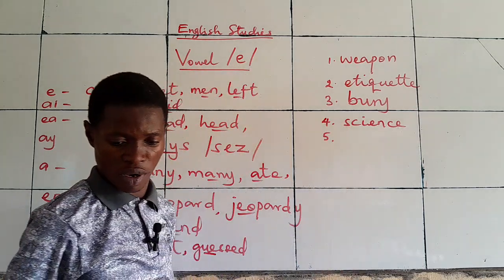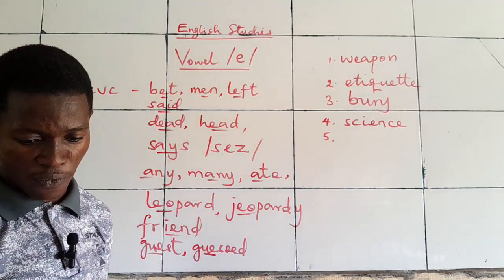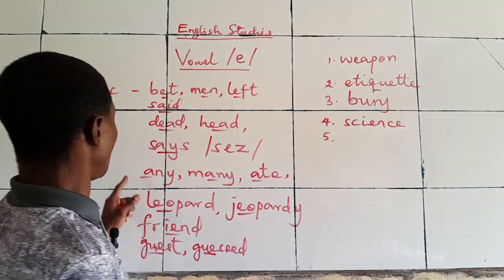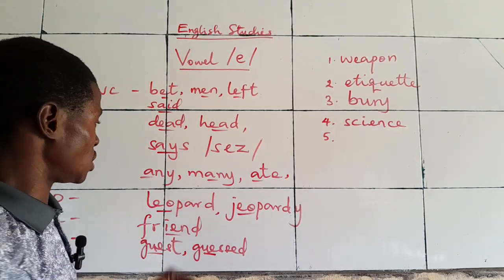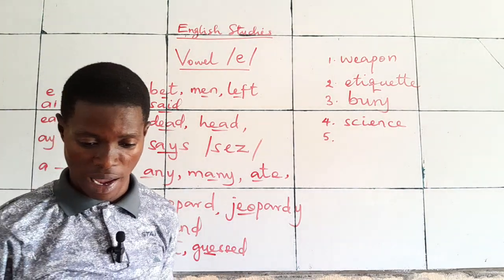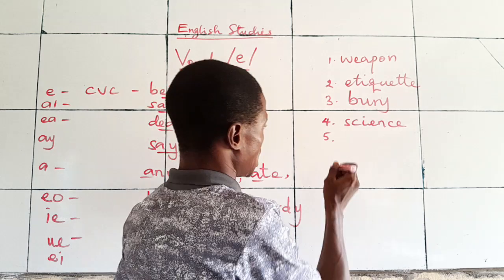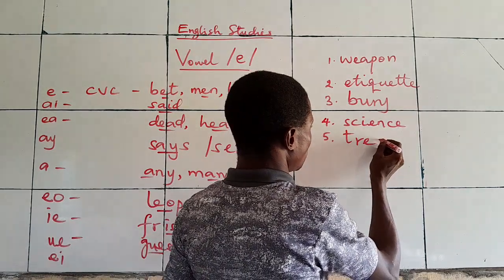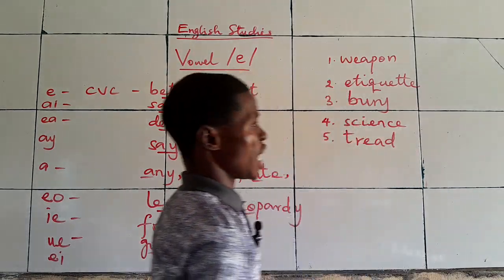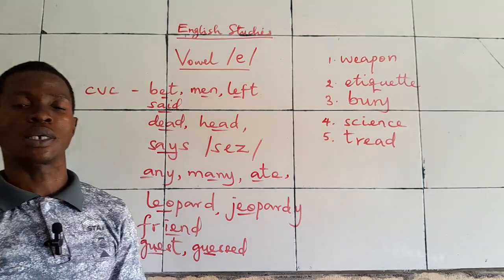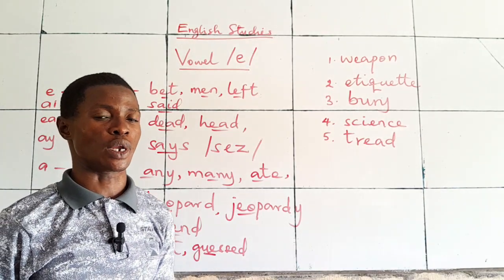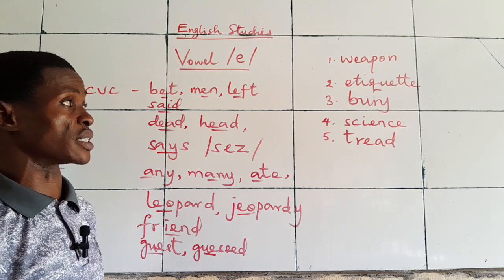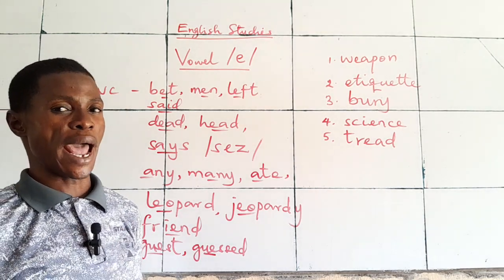And number 5, I've written A-N-Y and M-A-N-Y. I don't want to use that one again. T-R-E-A-D. Now, pronounce these words on your own while you are alone. If you pronounce them, you discover that you make the sound E.